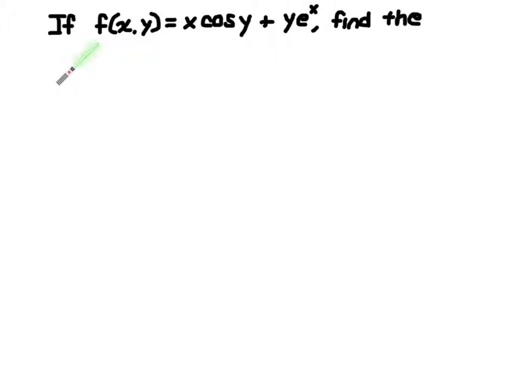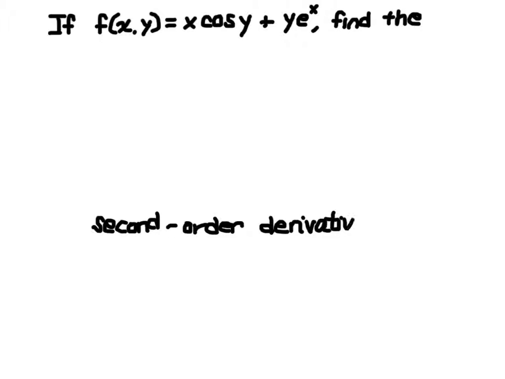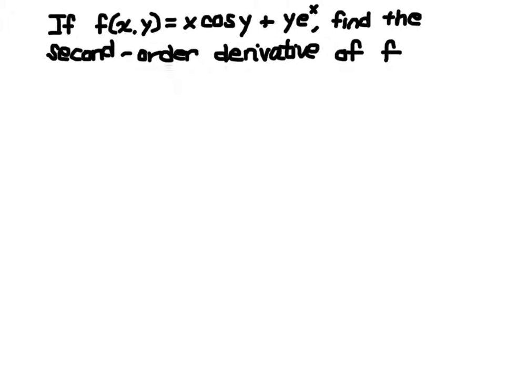In this example, we're looking at f of x y, which is equal to x cosine y plus y times e to the x. Here we're going to find the second order derivative of f, and we're going to find it with respect to different variables.